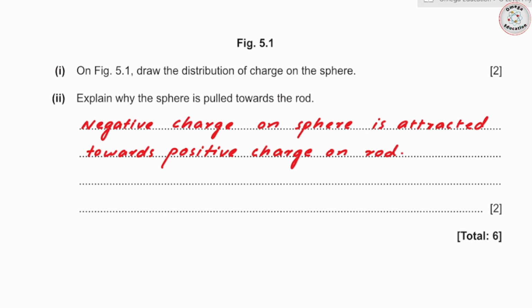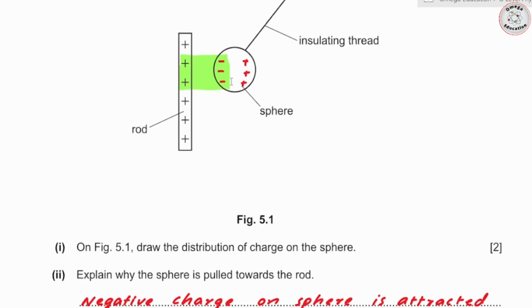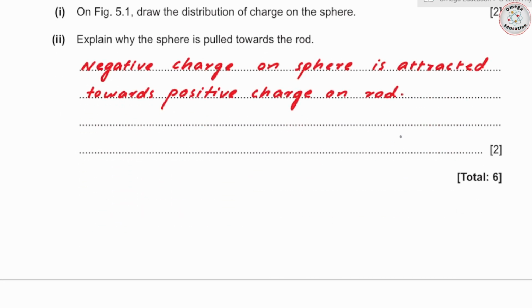So for the second pointer, we can write the distance between the negative and positive is smaller than the distance between the positive and positive, or the same point can also be written as the force of attraction is greater than the force of repulsion.